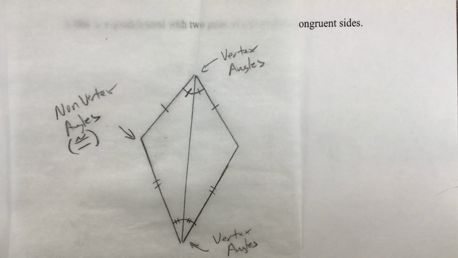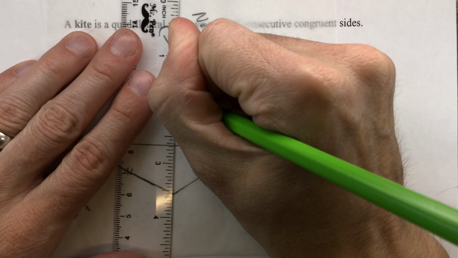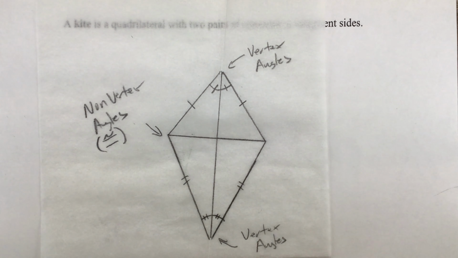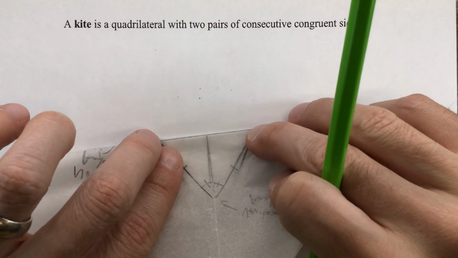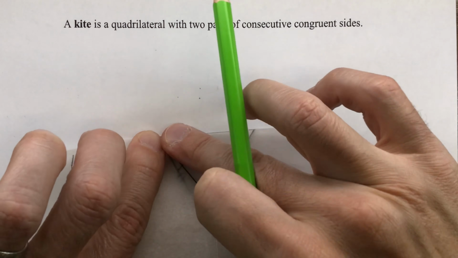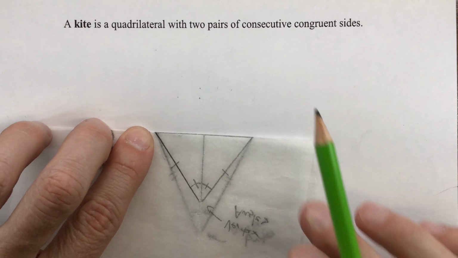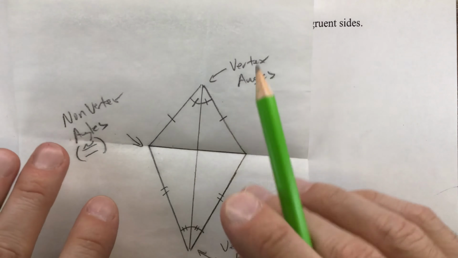That is true. All right, what happens if we draw another diagonal though? What happens if we draw this one? Does that bisect the non-vertex angles? Well, if we fold over onto that, so at least inductively, if I fold over on that diagonal, you're going to notice the angles are not matching up here. So that'll be a no. These are not going to be congruent.